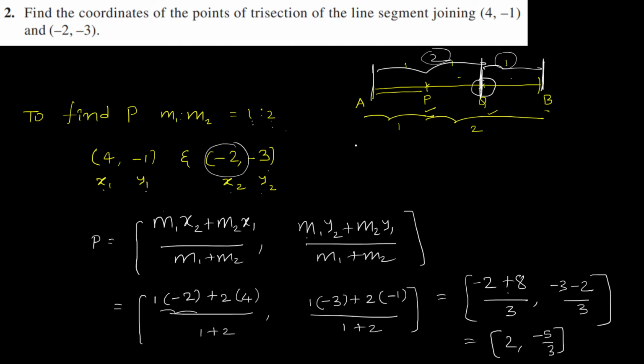Ratio means we have to look at left is to right, because the point is in between the line. Here left is 2 and right is 1.